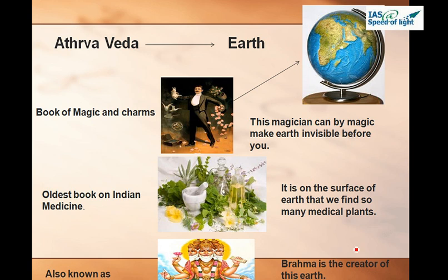So earth, we are relating with first thing, book of magic and charms. You went to that magician and he made earth invisible in front of you. So first information. Second information, it is on the surface of earth that we find so many medical plants. So medical plants growing on the surface of earth. It is also known as the Brahma Veda.